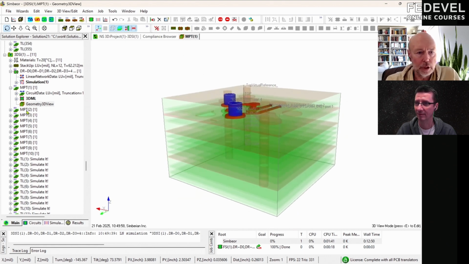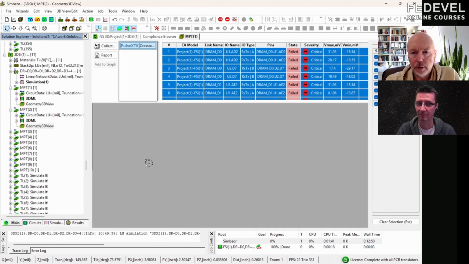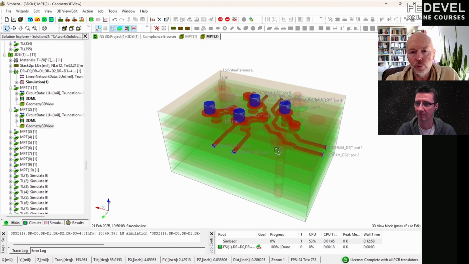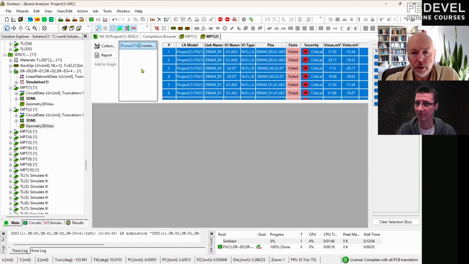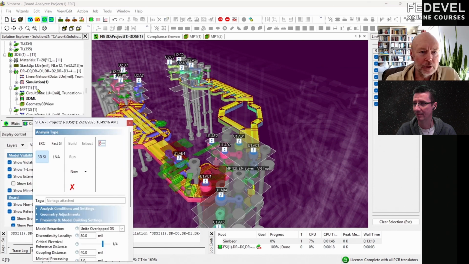So that's the level. PCB developers do not need to worry about the ports, how to attach the ports. The only thing they need is just click the run button. That's it.